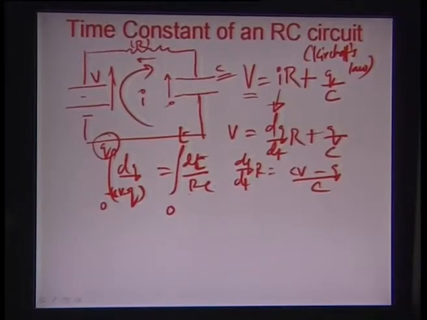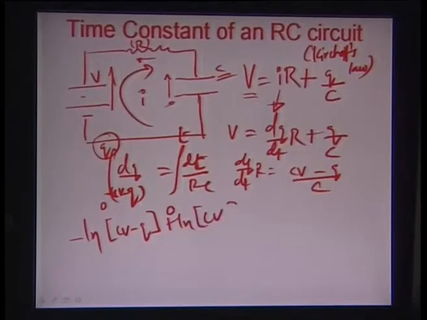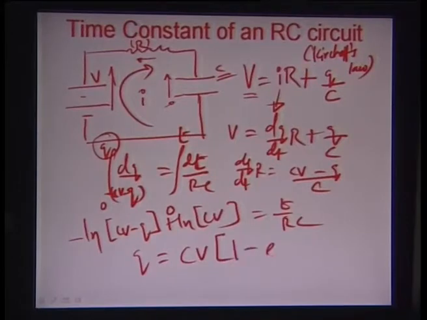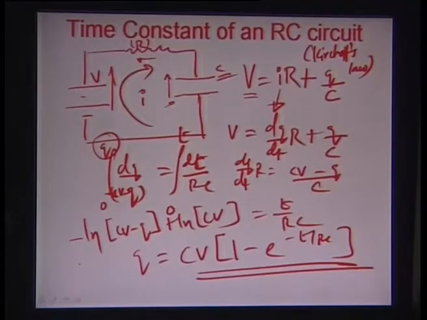So if we solve this equation, we are left with minus ln of CV minus q plus ln CV, which is equal to T by RC. In other words, q here, the charge, is CV times 1 minus e to the power of minus T by RC. All right, CV also is a representative of the full charge on the capacitor.